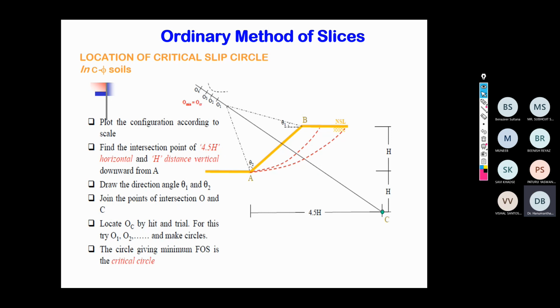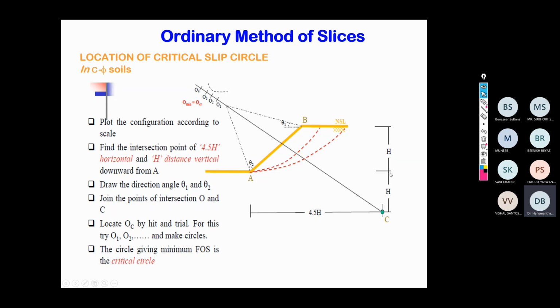First of all, you need to draw an inclined line. Identify a point at a depth of h from the ground surface, or from point A, where h is the height of the embankment.